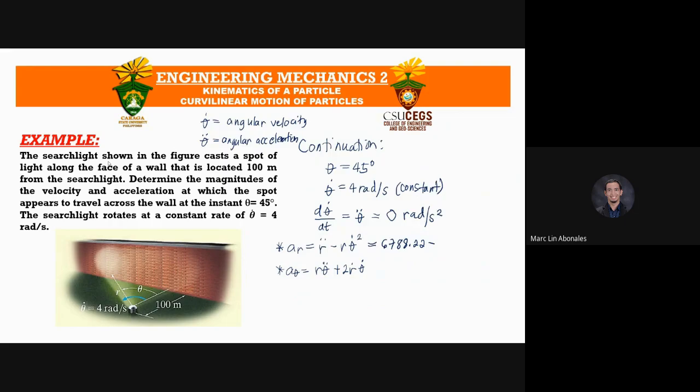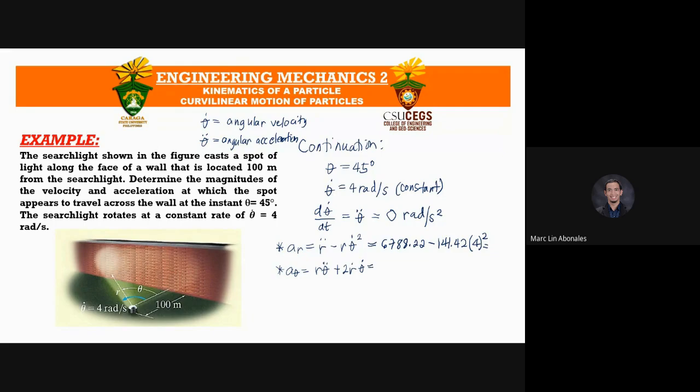So minus 141.42 times 4 squared. What is the value of that?